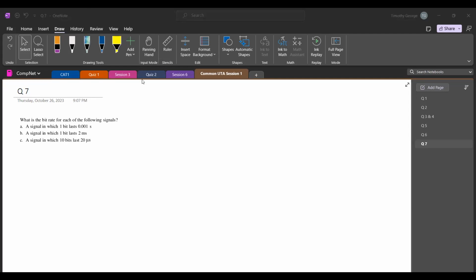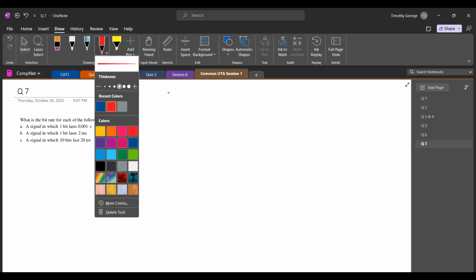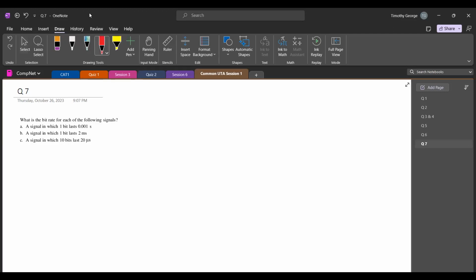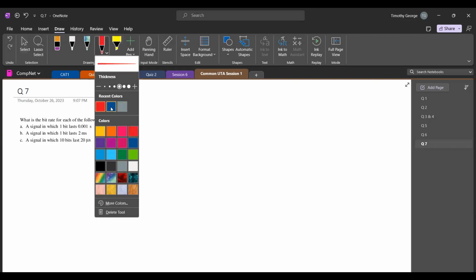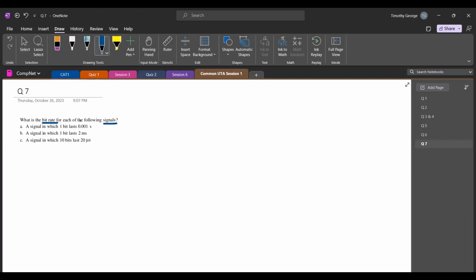Okay, this is another related exercise. We're asked what the bit rate is for a signal. So bit rate is asked.